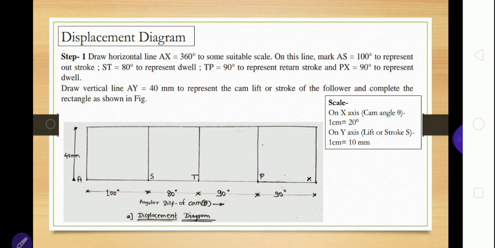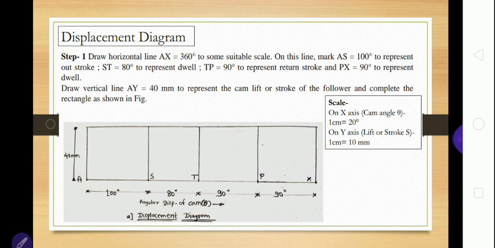We take 1 centimeter equal to 20 degree on the x-axis and 1 centimeter equal to 10 mm on the y-axis. So draw one horizontal line AX equal to 18 centimeter, because 1 centimeter is 20 degree, and 360 divided by 20 is 18 centimeter.